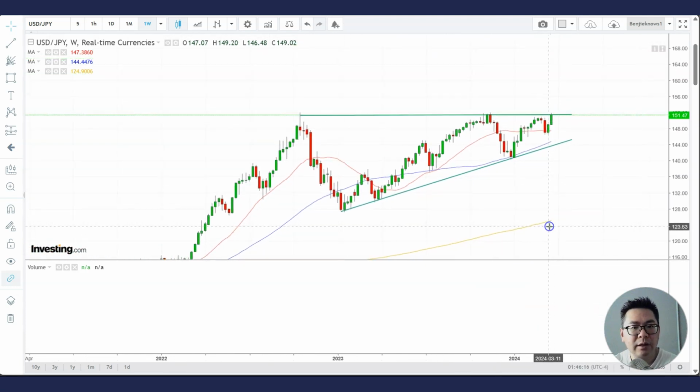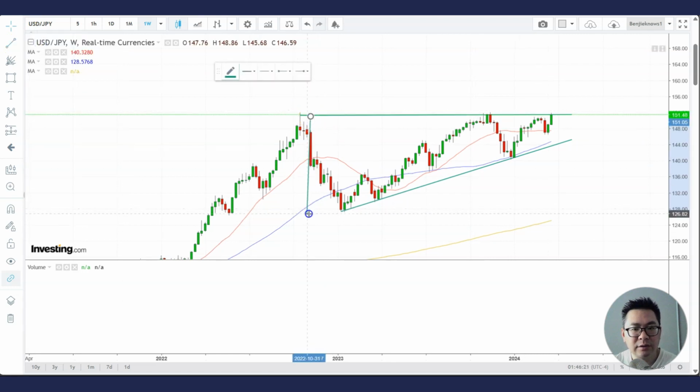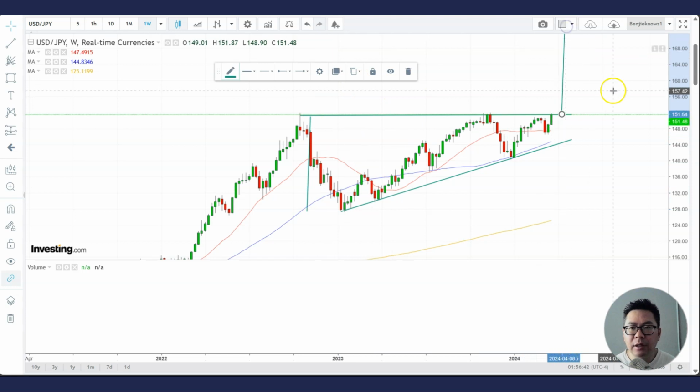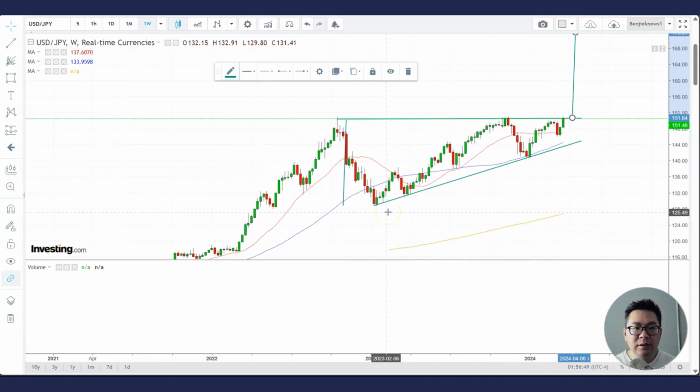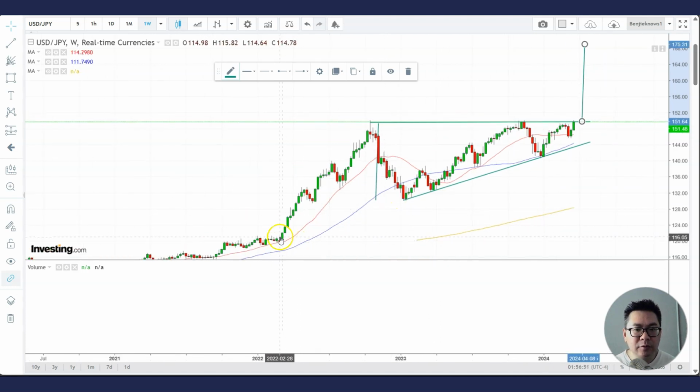Okay, how do you get a target? You take the height of this, and then you project it higher. We take the height of it and project it higher. This gets a long-term target of 175.11. Now, if you think that this move is not possible, just look at the move from here to here in just a short period of time.